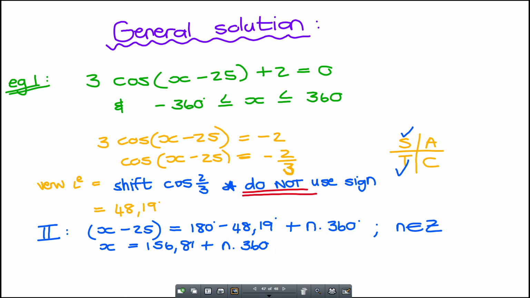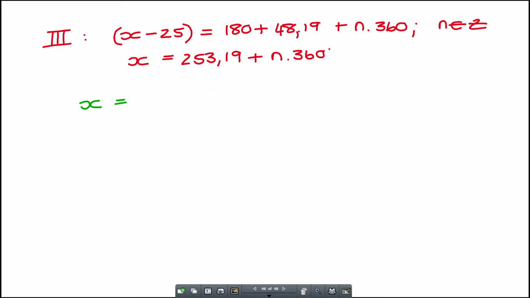So kom ons gaan stel in. As jy sê 0, if I substitute in 0, then 0 times 360 is nul, so hy gaan bly 156,81.